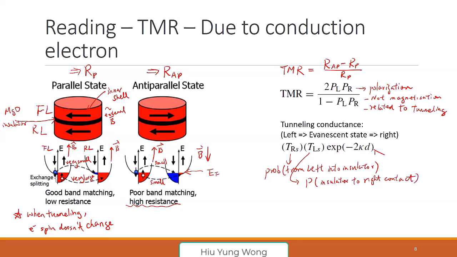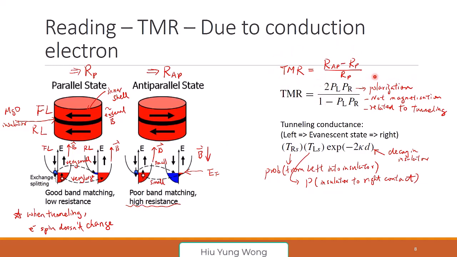And this is related to the decay in the insulator. So here, just to tell you that the theory is more complicated, but basically it can be decomposed as how the electron will tunnel into the evanescent state in the insulator. It decays because the insulator doesn't have a state for it, so the wave function keeps decaying. And then that wave function will tunnel into the right electrode. All together this will determine the so-called polarization, and then you will get this tunneling magnetoresistance.